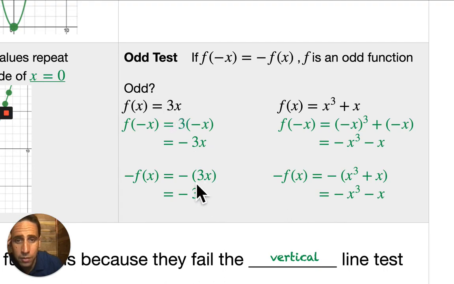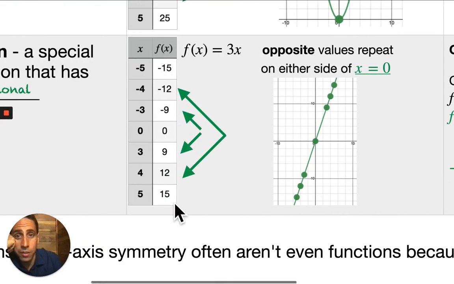That's 3x. And so negative this is equal to negative of that. And then if you want to remove the parentheses by distributing, you get negative 3x, which is what we got here, too. The left-hand side, f of negative x, is equal to negative f of x down here. They're both the same algebraic quantity. So therefore, it passes the odd test. And yes, it is odd, an odd function, as we verified here, graphically and numerically.